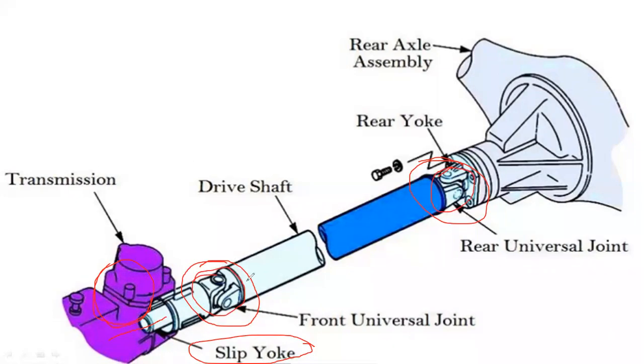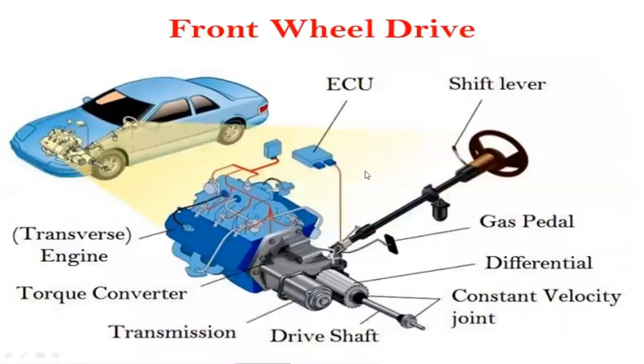By using these two universal joints, the propeller shaft is connected to the transmission system and the differential of the automobile vehicle. That is the connection of the propeller shaft in the automobile vehicle.